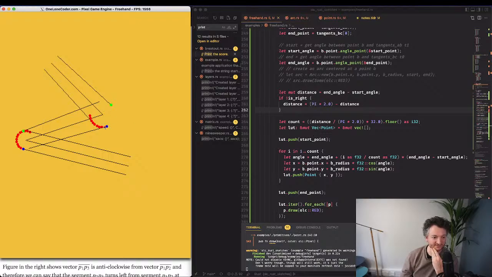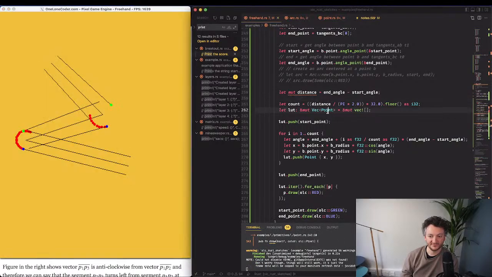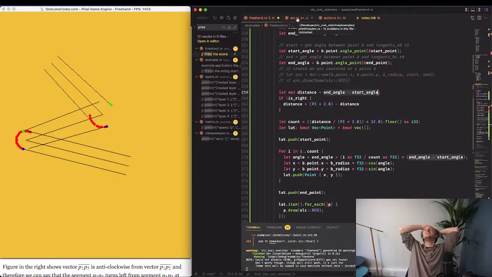Because now the distance is still wrong. If I get rid of this, I need to get that short angle distance. Should it ever be the?